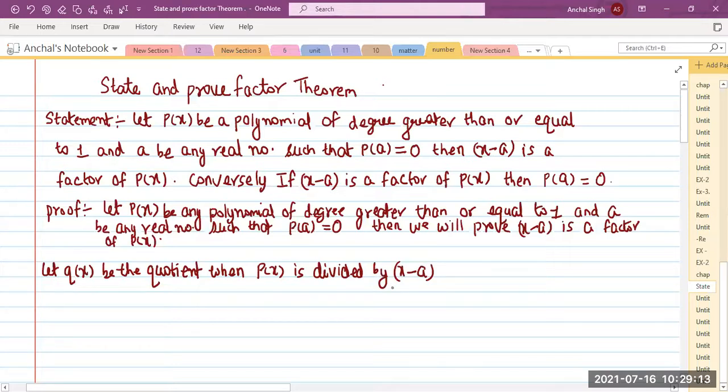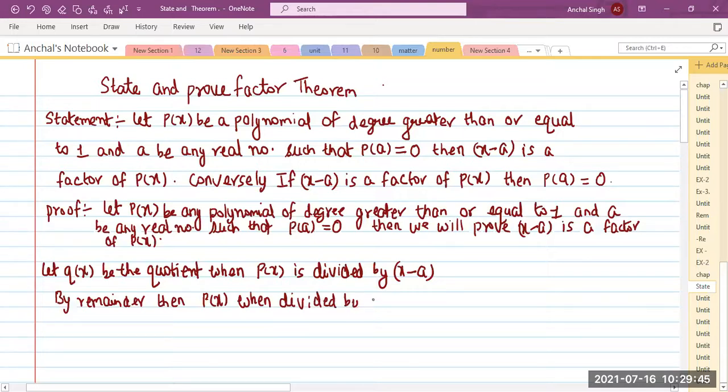ठीक है, तो हमने यहाँ पर क्वोशंट के बारे में बात कर ली। अब देखो, नाउ वी विल गो बैक टू रिमाइंडर थ्योरम। ठीक है, अब हम लिखते हैं बाय रिमाइंडर थ्योरम, px when divided by x minus a gives remainder pa.